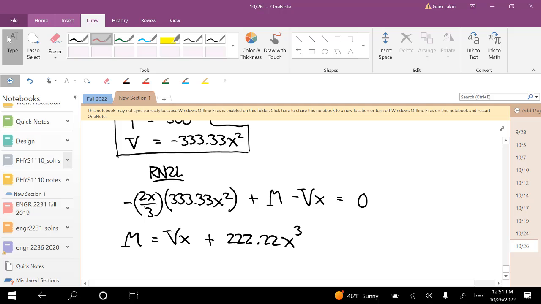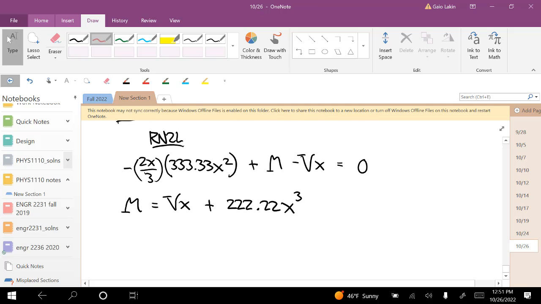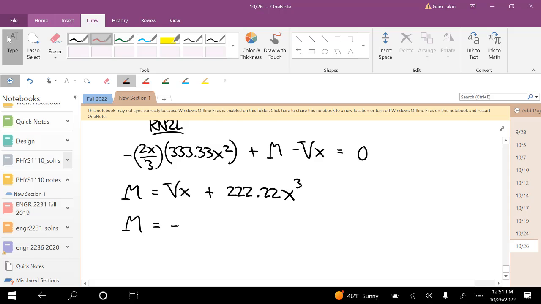And now substitute in this V, and we get M is equal to negative 333.33x cubed plus 222.22x cubed.